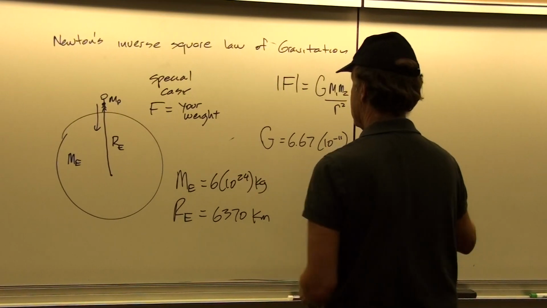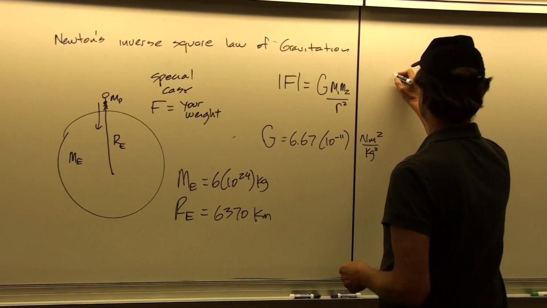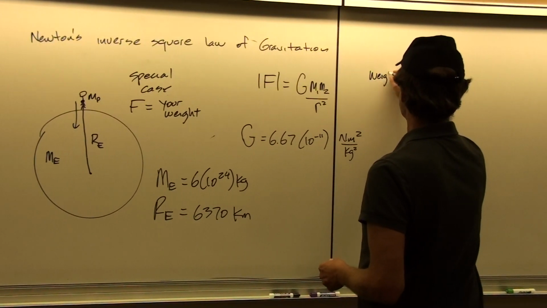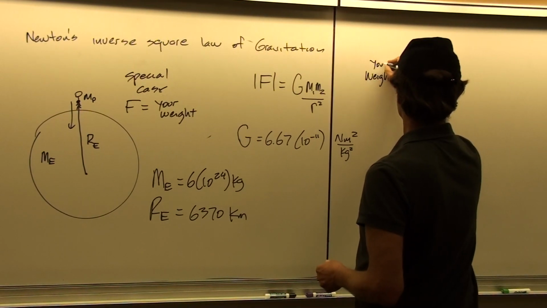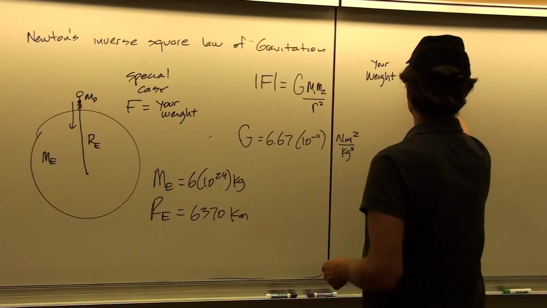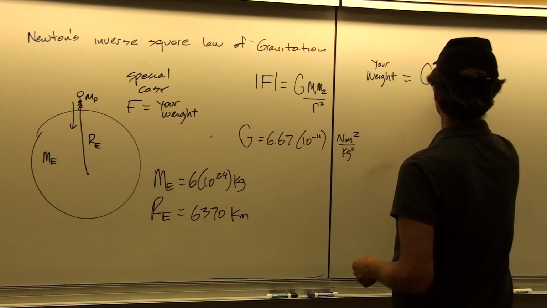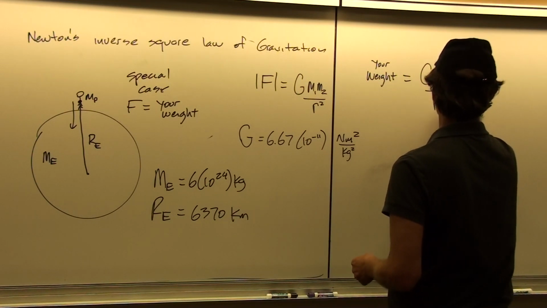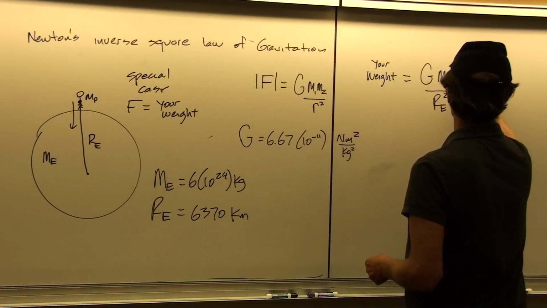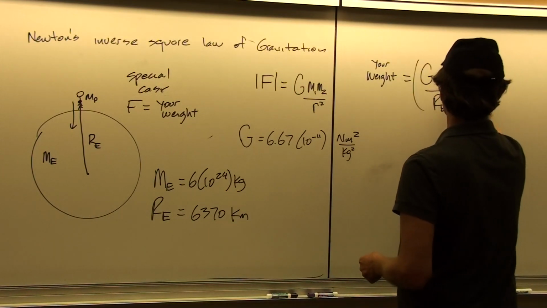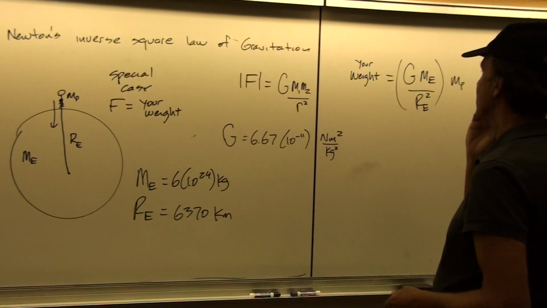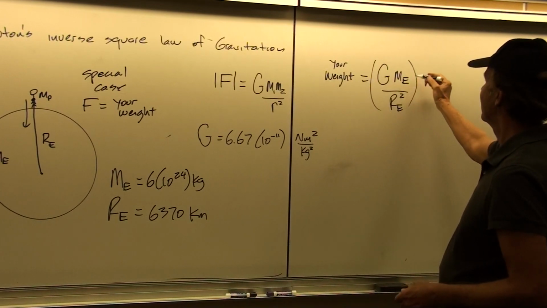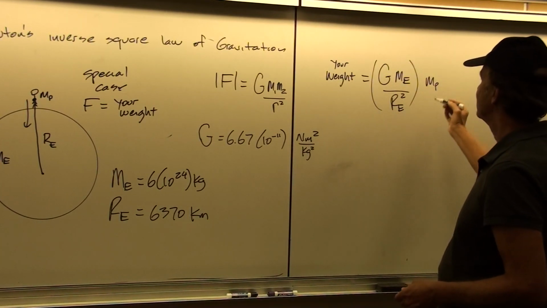So going back to this problem then, let's say that your weight is equal to G times the mass of the Earth divided by the radius of the Earth squared, times the mass of the person. If we write it this way, we're breaking up the inverse square law into this times that.